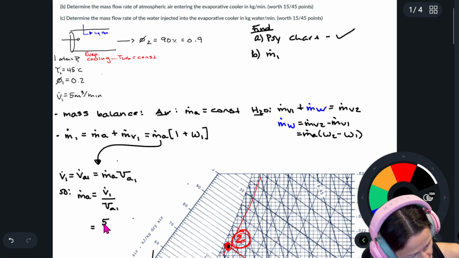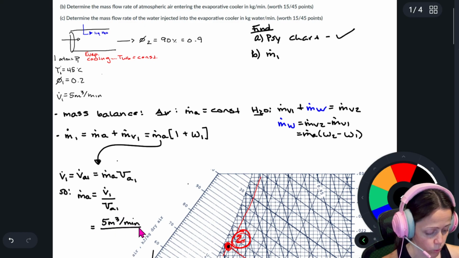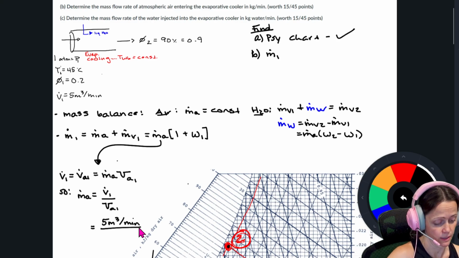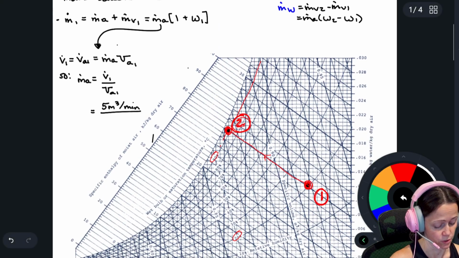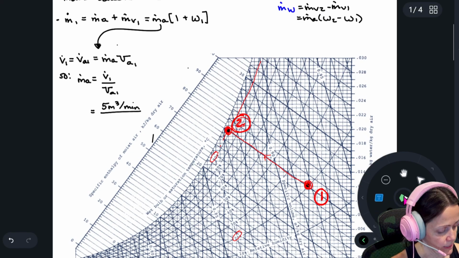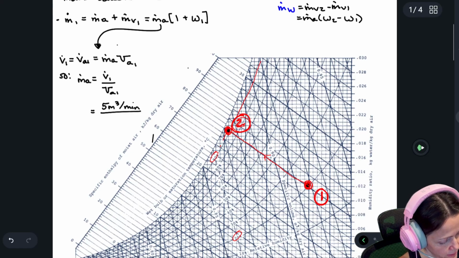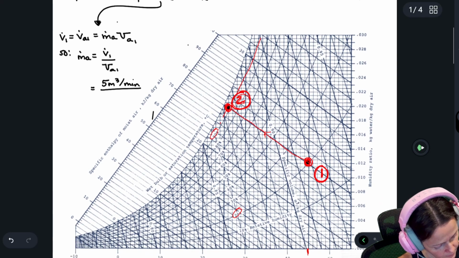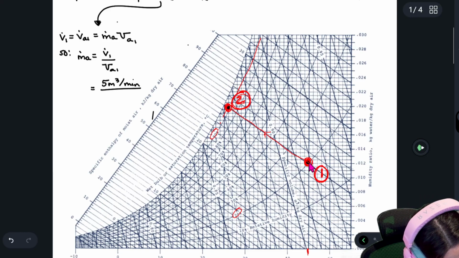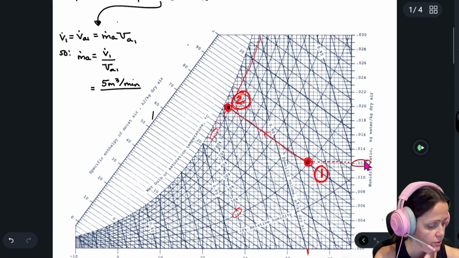So it's going to be 5 meters cubed per minute over whatever that specific enthalpy, or I'm sorry, the specific humidity is at state 1. And I can probably pull that off. So let's see. About 0.012 looks like.